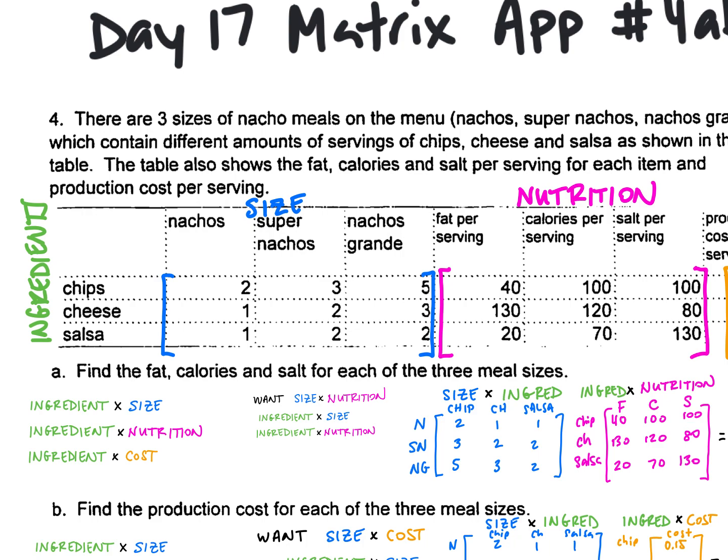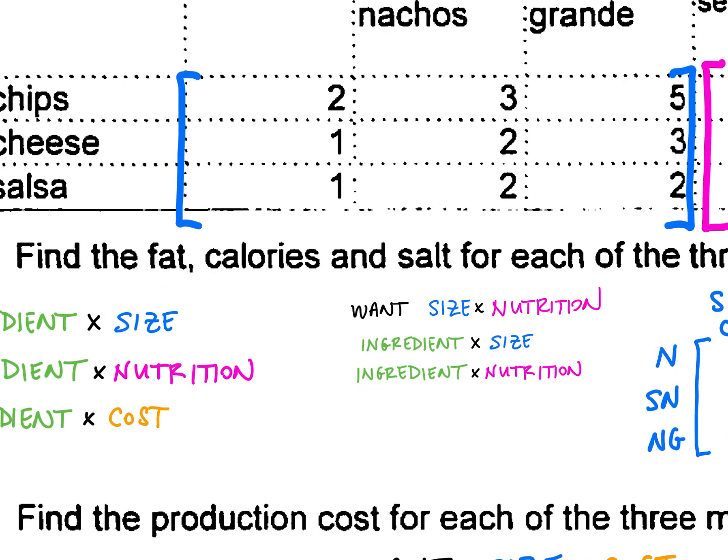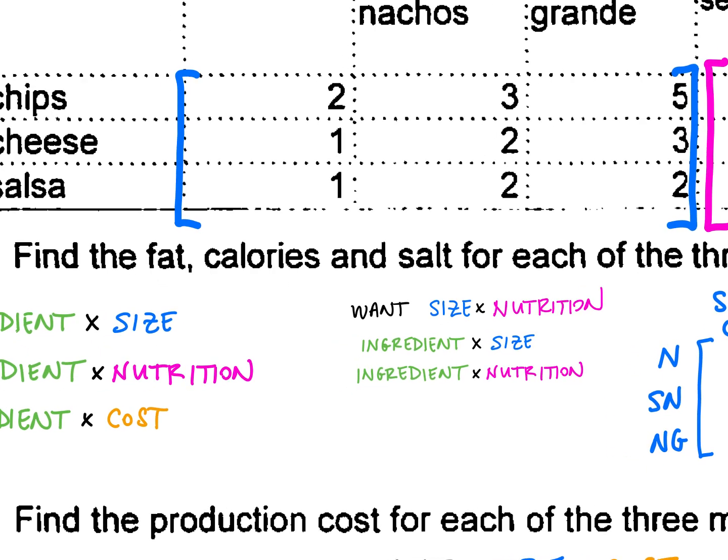But what we know about matrix multiplication is that if I were to try to multiply those 2 together as is, ingredients by size and ingredients by nutrition, it wouldn't work, right? Because we know these guys have to match, and they don't match.